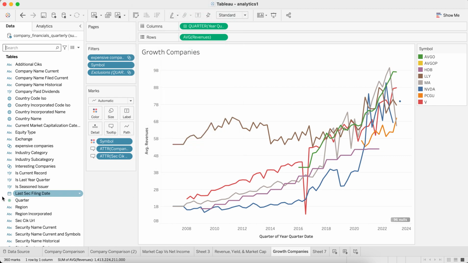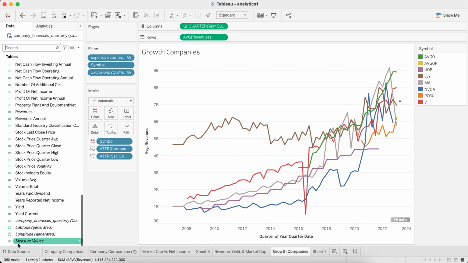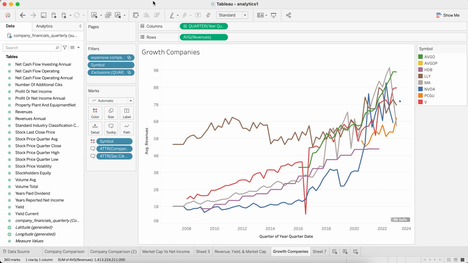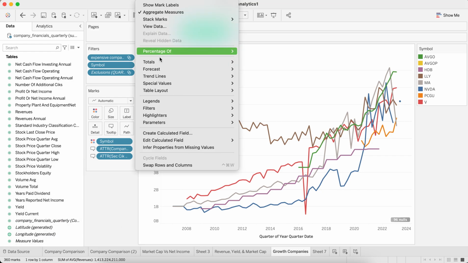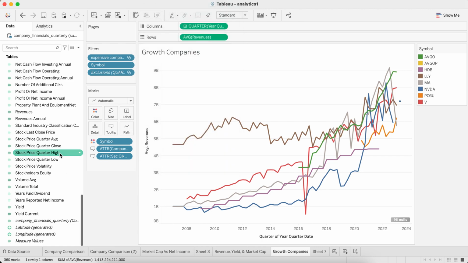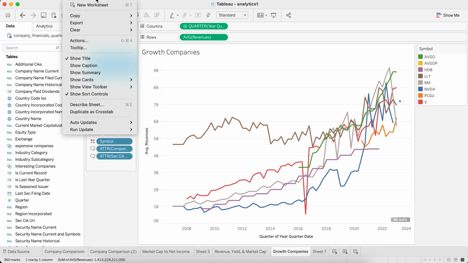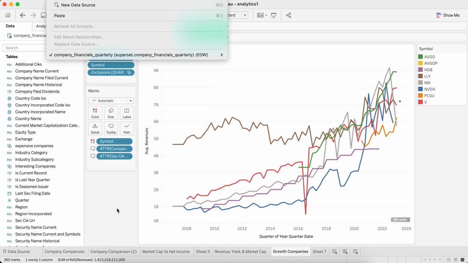Where are we going to do that? Where is the create set? Create calculated field. We could probably look at some of our existing sets. Export data.